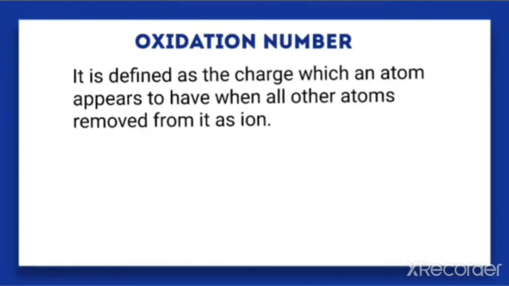When we take an example of HCl, if we want to find out the oxidation number of Cl in HCl, here there is another atom, that is hydrogen. When the hydrogen with one positive charge, that is the hydrogen ion, is removed from this, what will be the charge developed on the Cl?